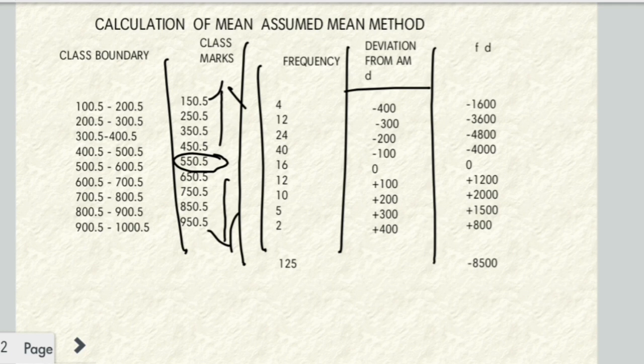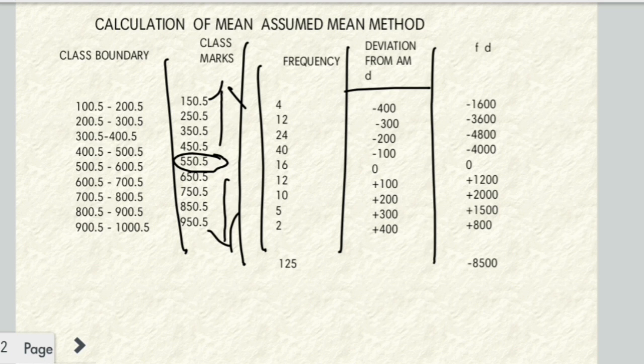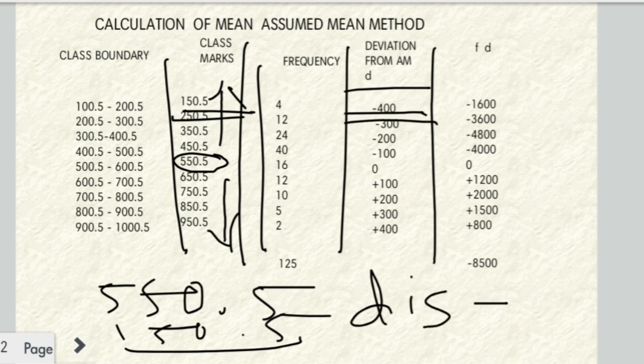From the formula, D is the deviation of the i-th class mark from the assumed mean. So here assumed mean is 550.5 and first observation 150.5. So D is 400.